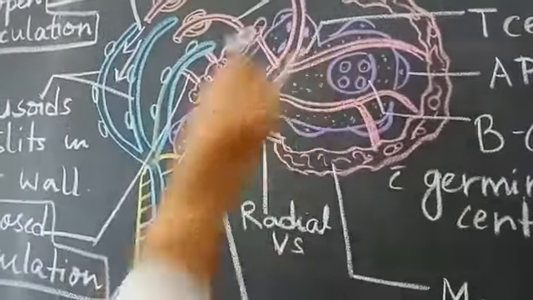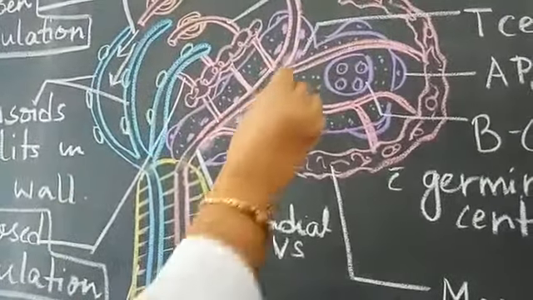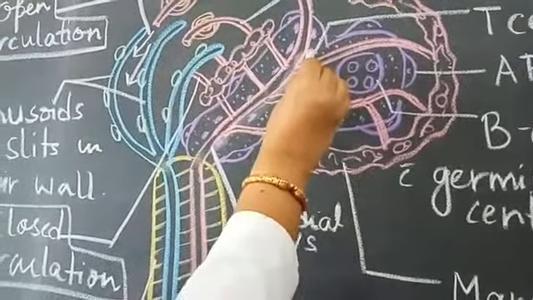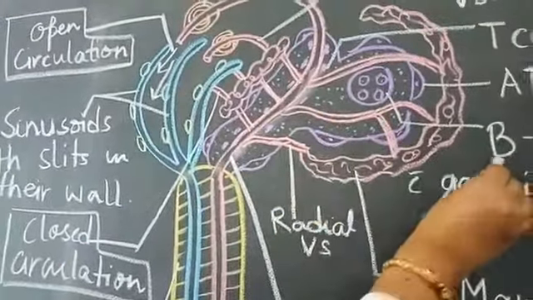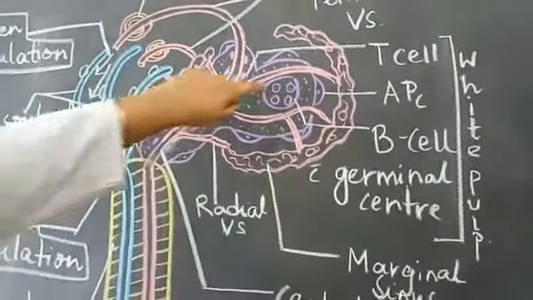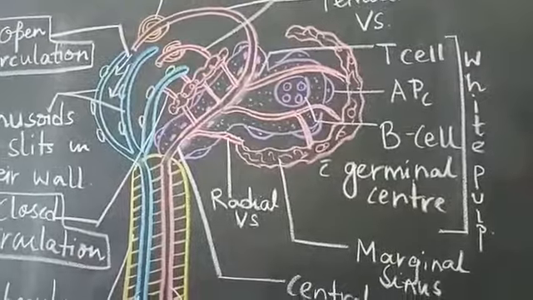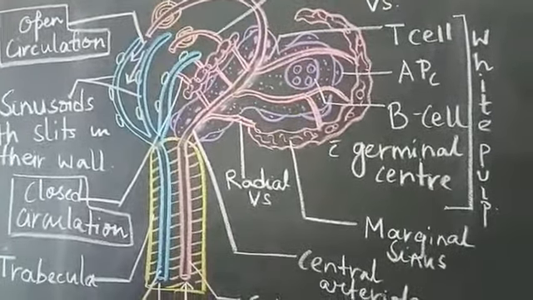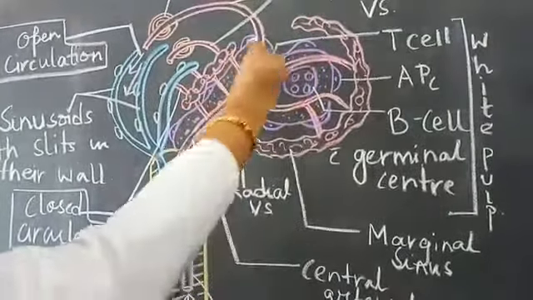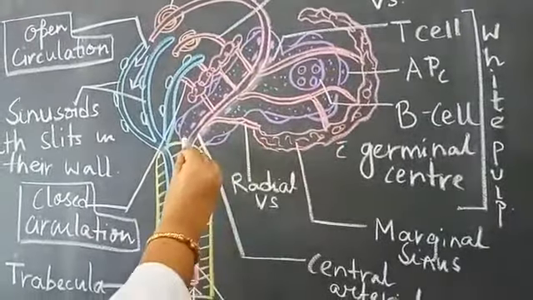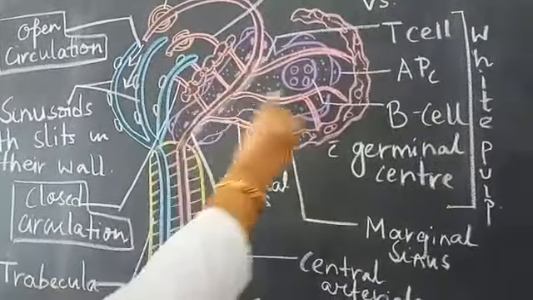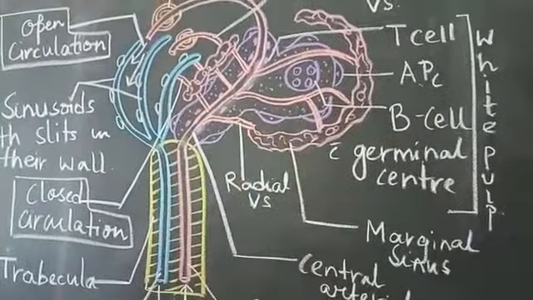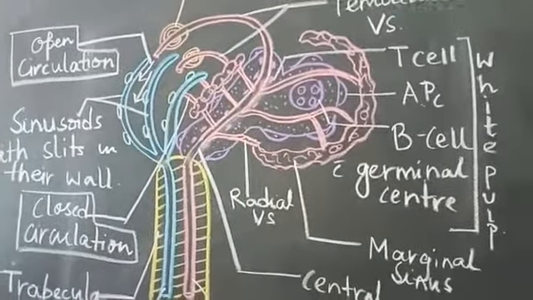So the central or inner part of the white pulp is the T lymphocytes. Then the middle part is occupied by the B cells, in the central part of which you may find the germinal center. And in the peripheral part of this periarteriolar lymphatic sheath, you will find the antigen presenting cells. APC is antigen presenting cells.